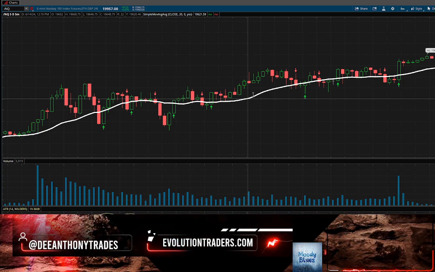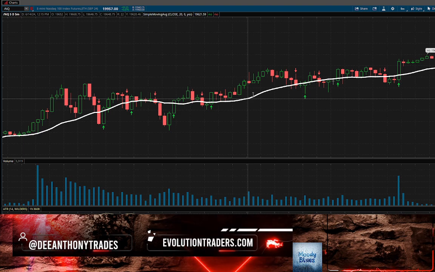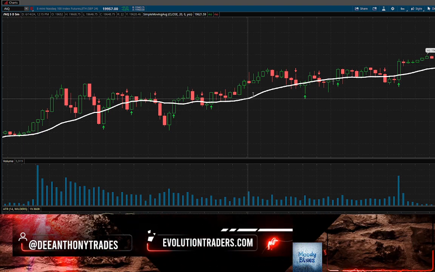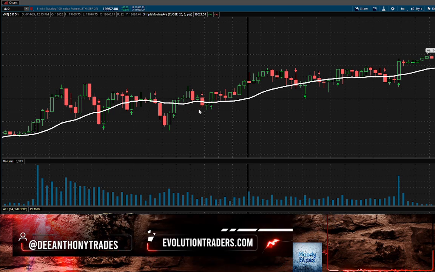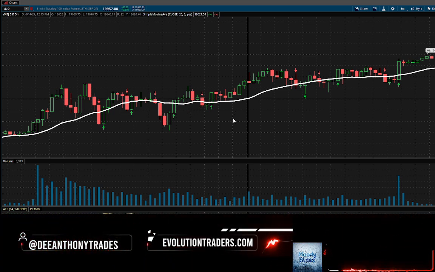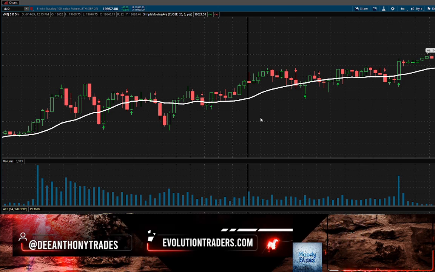This could easily be the 50, it could be the 200, it could be whatever you want it to be. I personally put in the 20. That's what I use to trade. And this right here, where it says show breakout signals, I have it checked to yes. Okay, that's it. That's it.